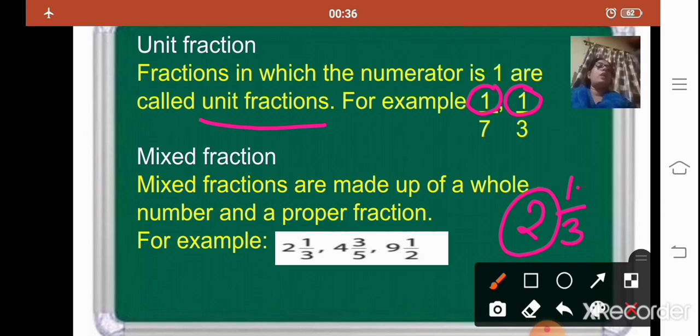Examples: 2 1 upon 3, 4 3 upon 5 and 9 1 upon 2. These fractions are called mixed fractions.